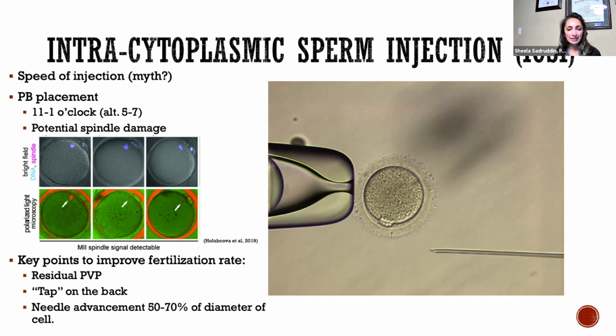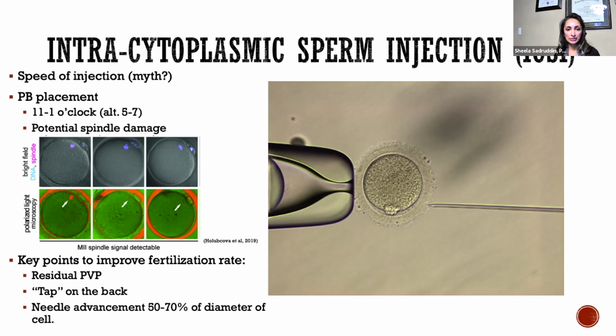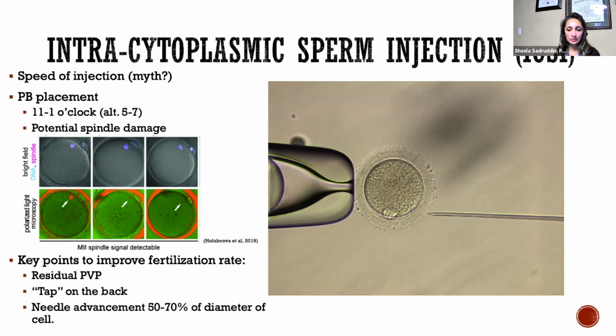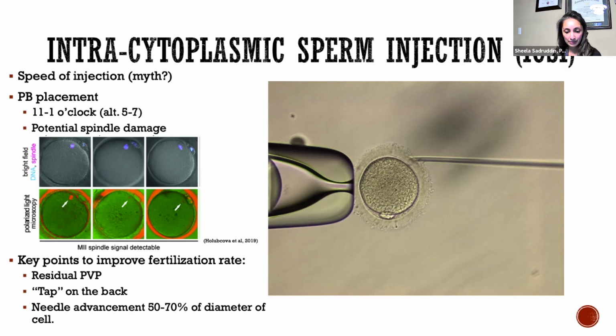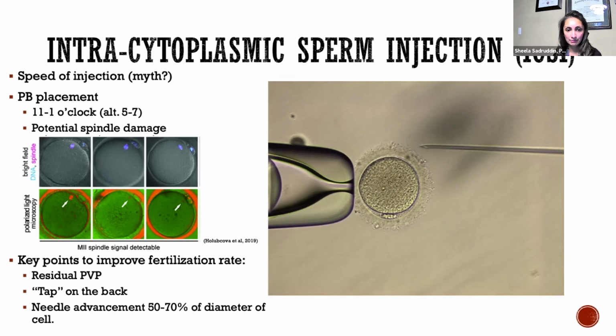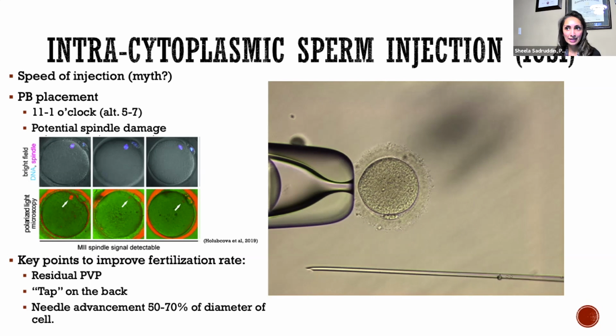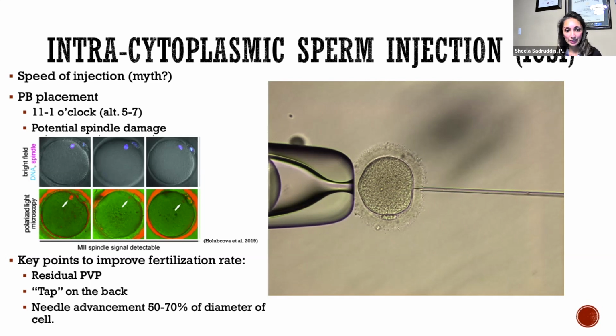Now, regarding the speed of the injection, over the years I've heard several embryologists say there is a right speed: you want to inject your sperm not too fast and not too slow to improve your fertilization rate. I truly do believe that there is a proper method of ICSI, but whether or not it's related to the speed of how fast you're injecting your sperm back into the cytoplasm is certainly a myth.